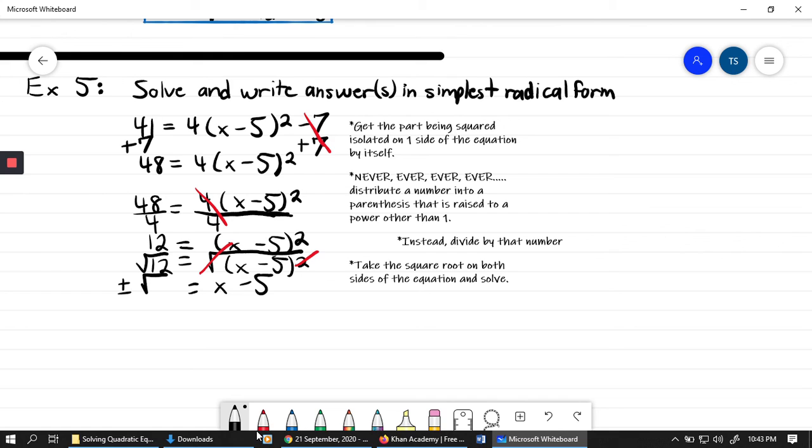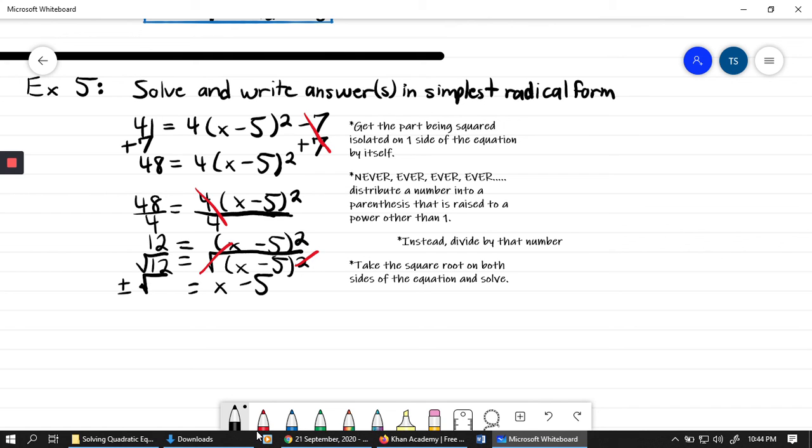One thing that I've seen students make a mistake with is when they're writing out something like the square root of 12, they'll write this without the square root. You can't just take away or just not write the square root. The square root of 12 is the square root of 12.